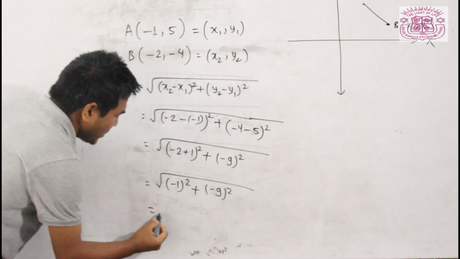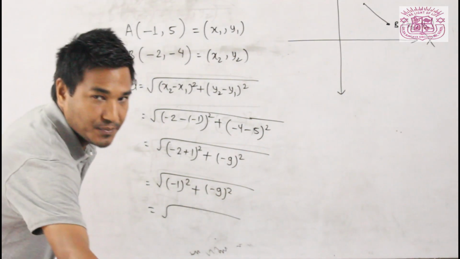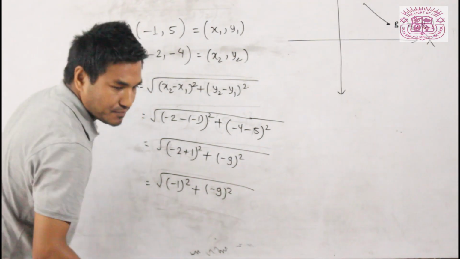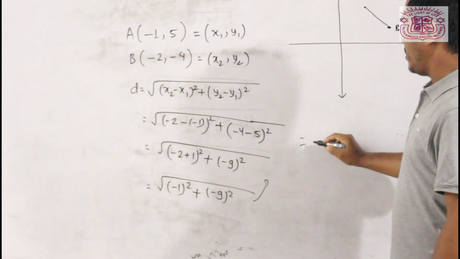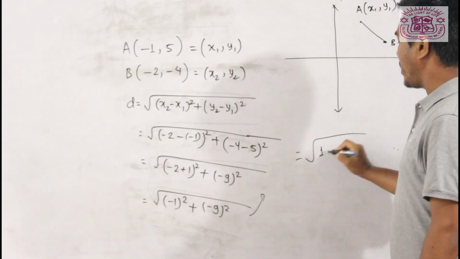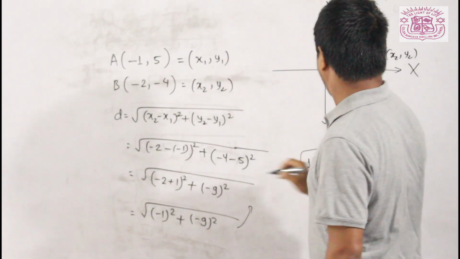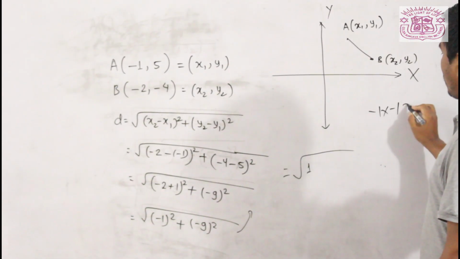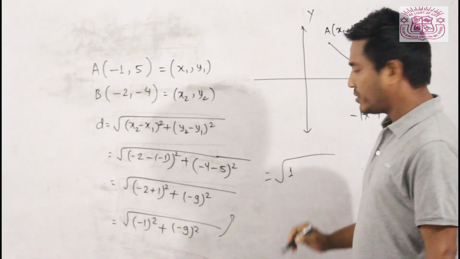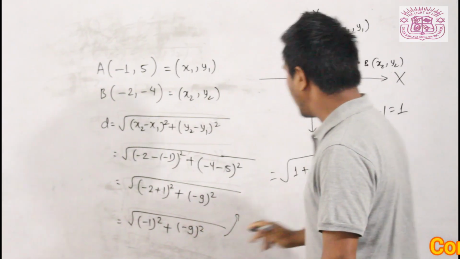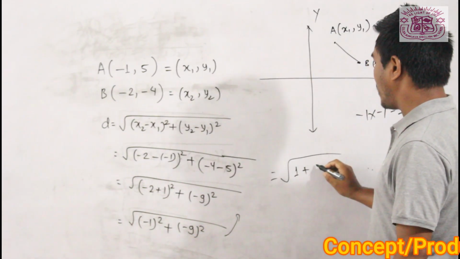Okay, now on squaring, minus 1 square is only 1 because minus 1 into minus 1 will give you 1. So minus 1 square is 1, plus minus 9 square is 9 nines are 81.